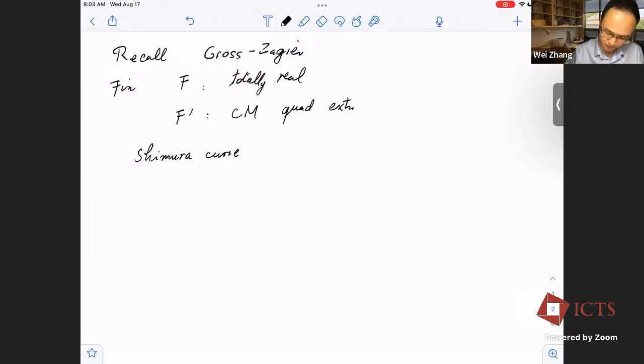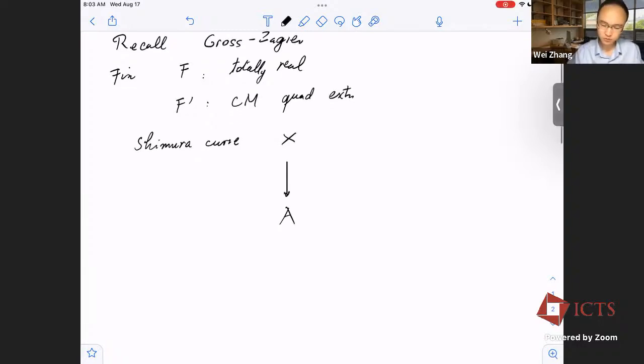Suppose I have an abelian variety parametrized by the Shimura curve. This means it appears as an isogeny factor of the Jacobian variety of the Shimura curve. I'm going to fix this map, although actually the map can be varied.